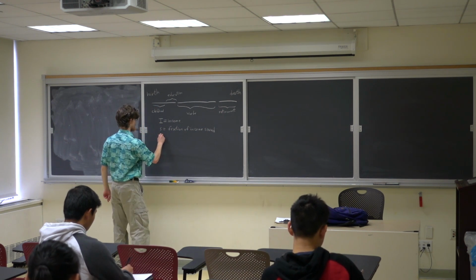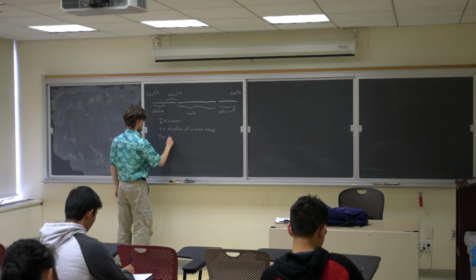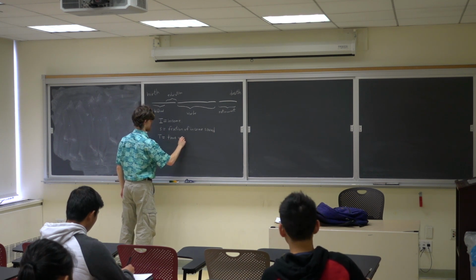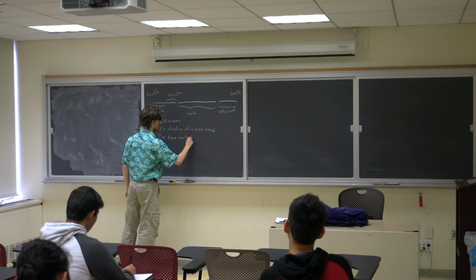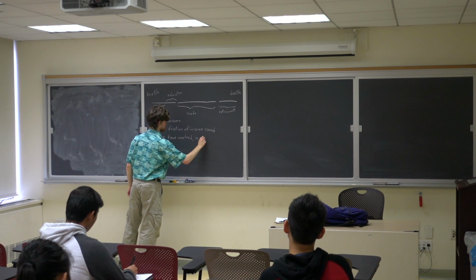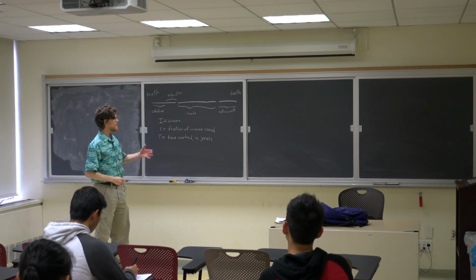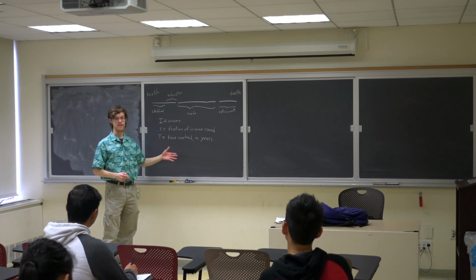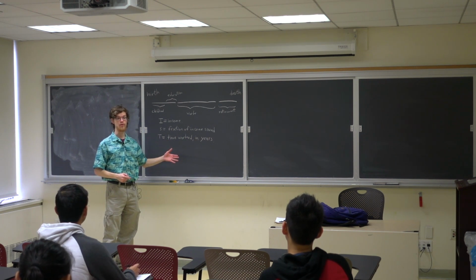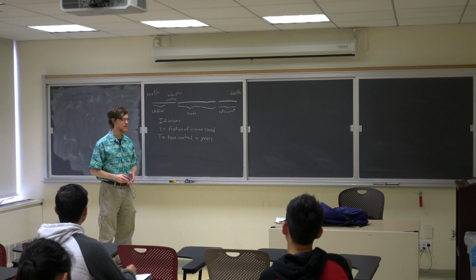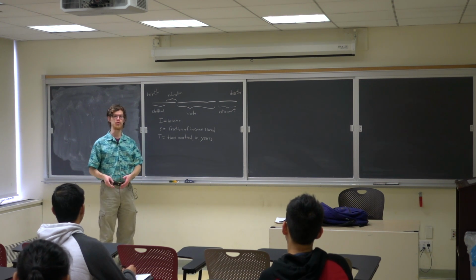T equals the time worked in years. Again, in this case, things are still very simple. There are no banks, there's no interest. We're just imagining that every year you have a bar of gold you put under your bed.